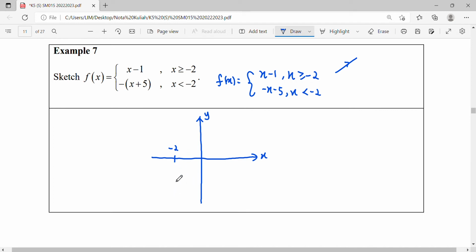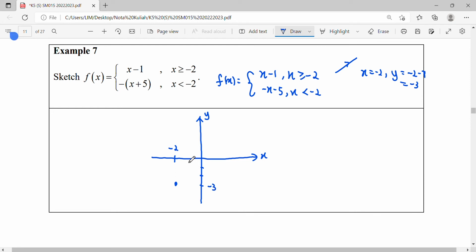Because it's not going to go to the left-hand side of -2, I have to find out when x is -2, the starting point of this graph. y equals -2 minus 1, so -3. So here is included. So this is my straight line.